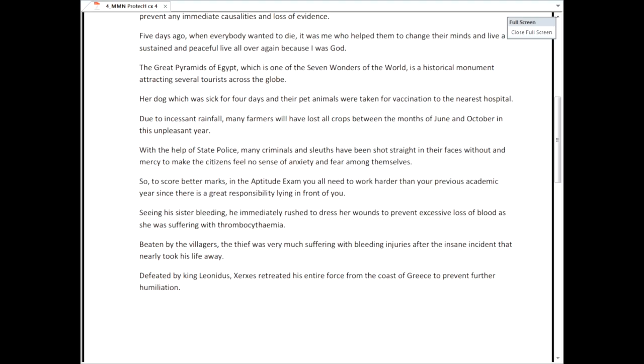Due to incessant rainfall, many farmers will have lost all the crops between the months of June and October in this unpleasant year.